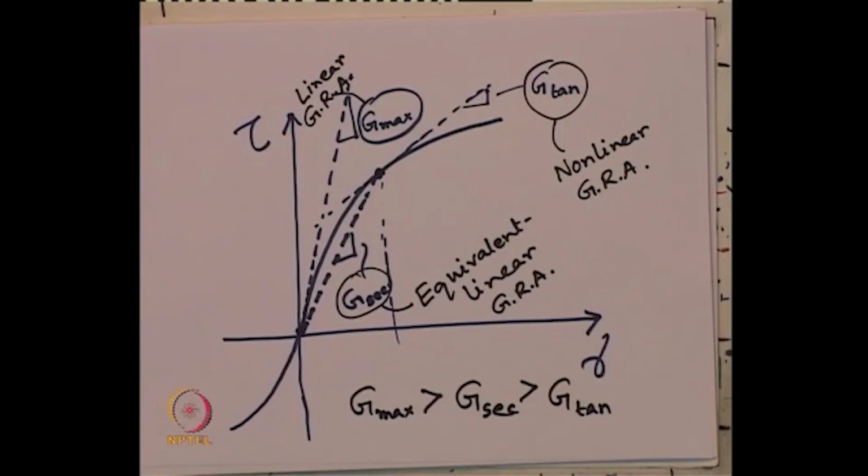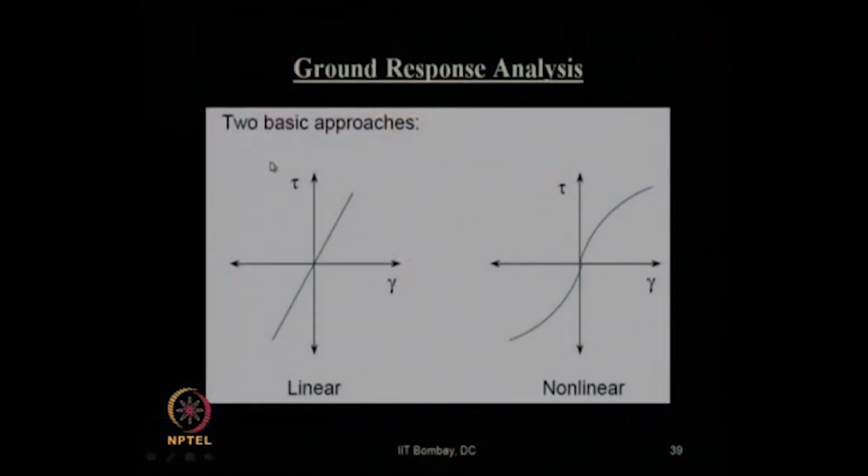These are the values or ranges which we need to consider when we are trying to do the ground response analysis. So, as I have already mentioned, two basic approaches, linear ground response analysis and nonlinear ground response analysis, and within nonlinear we have another subdivision which is called equivalent linear ground response analysis. Clear?